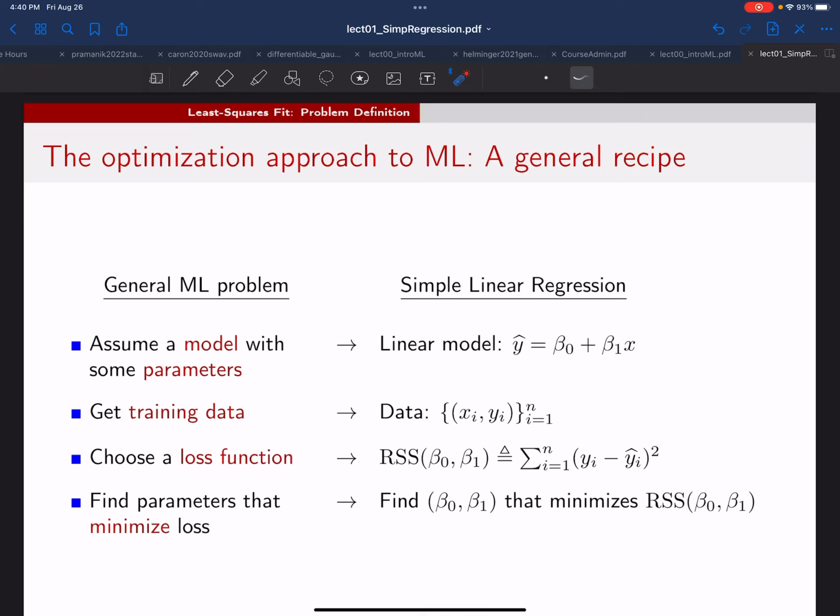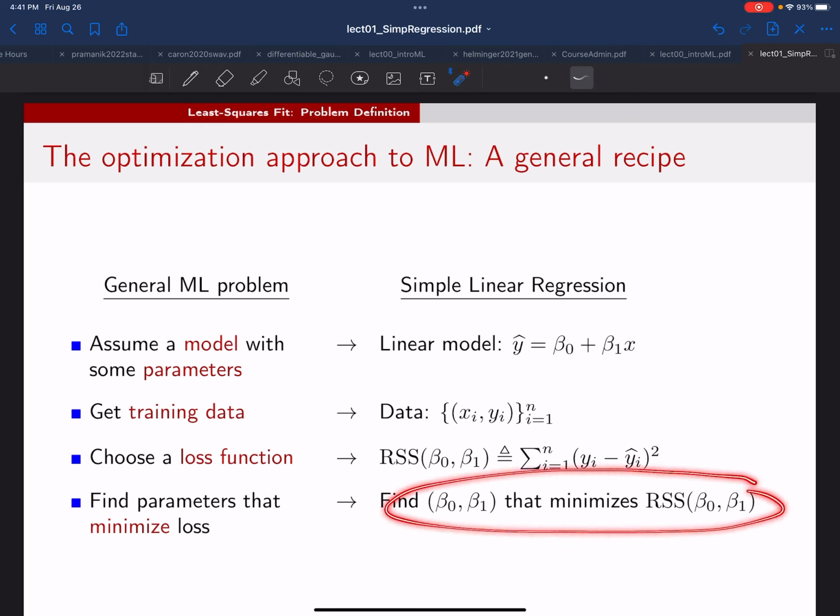Then, in order to learn the parameters, we have to get a bunch of training data. In this case, those are pairs of xi, yi. Then we have to choose a loss function. In this case, we're going to choose the residual sum of squares. And finally, we have to find the parameters, in this case beta 0, beta 1, that minimize that loss.